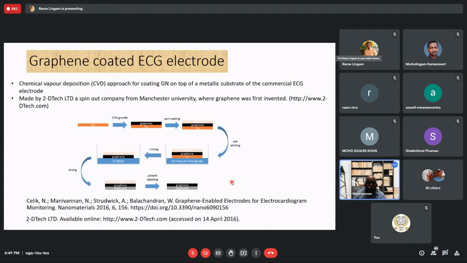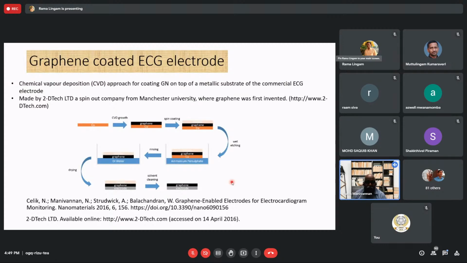Next one, please. Right. So there are people in this world of graphene and nanomaterials who know how the graphene is coated. There are so many methods, which I'm not an expert on. But the one my student used is chemical vapor deposition.